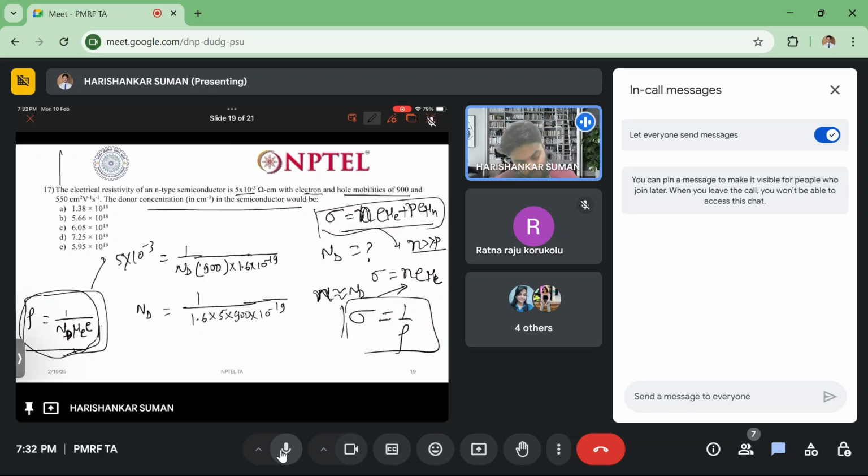Yes, you can solve now this equation. You have to find it in per centimeter cube. Please solve and tell me the answer.